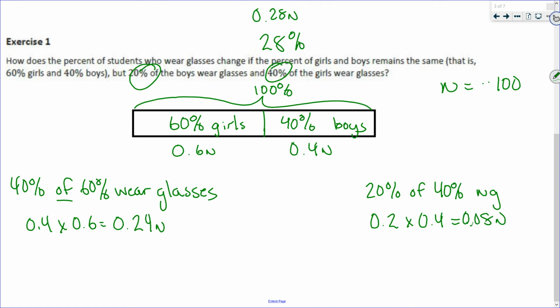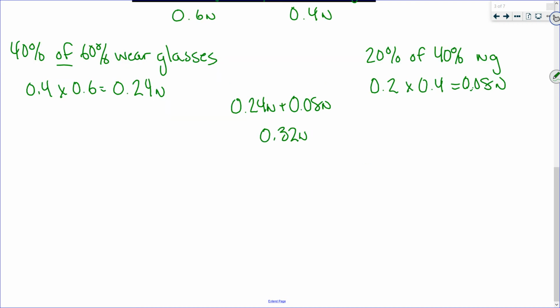Okay, so now I got to add the two together. So 0.24n plus 0.08n gives me 0.32n. And so what's the percent? Right, we're going to take 0.32 and multiply it by 100, and we get 32%.